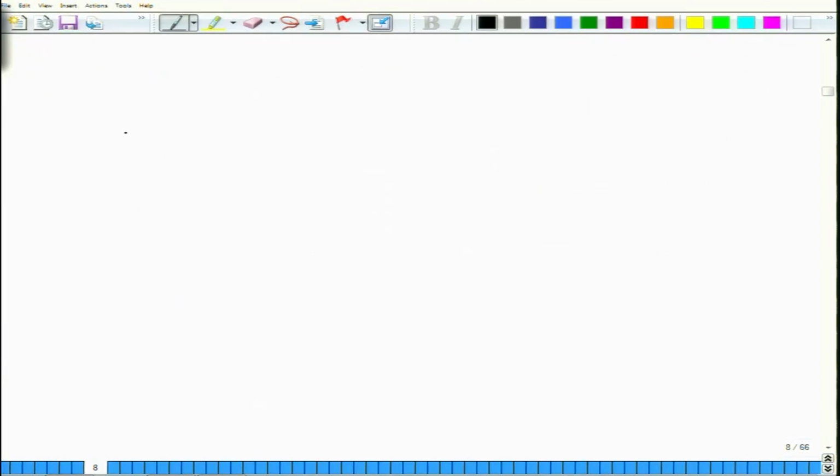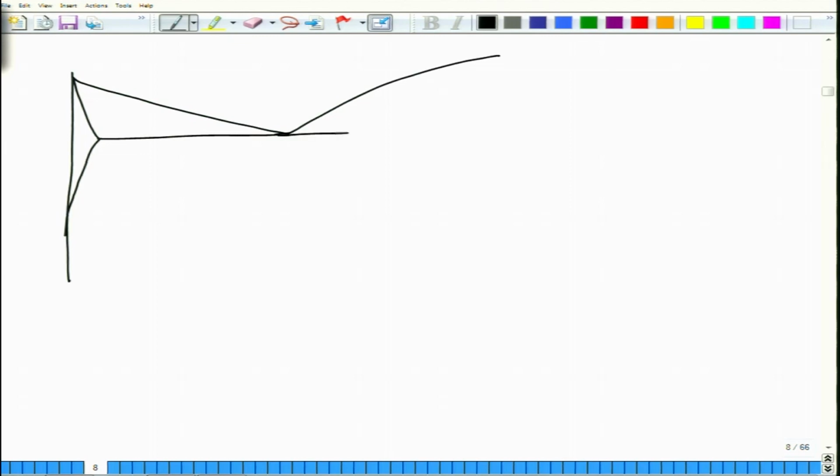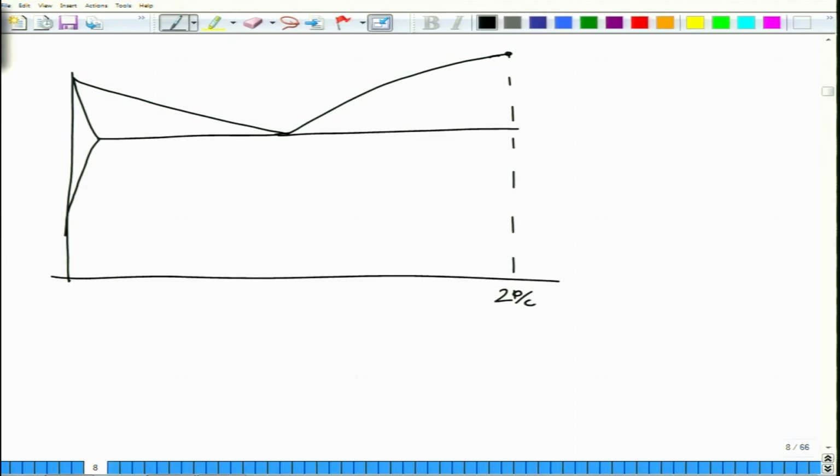So let us draw the particular portion of the diagram. Let us say we are up to about 2%, and this is 0.8%, this is 0.02%.